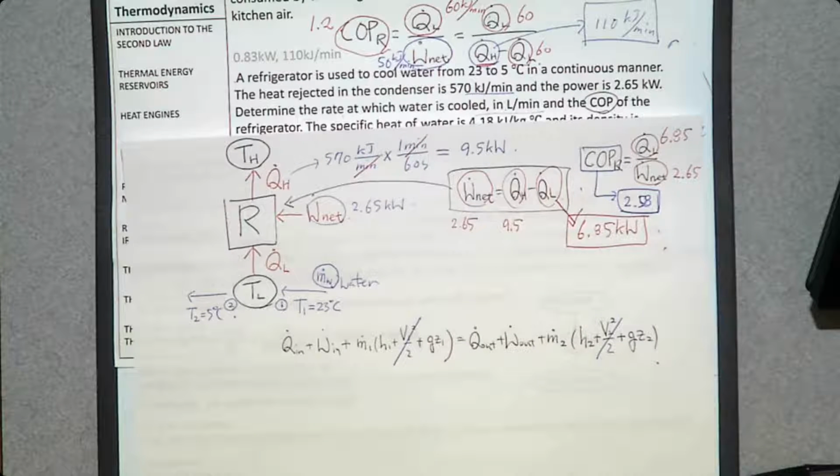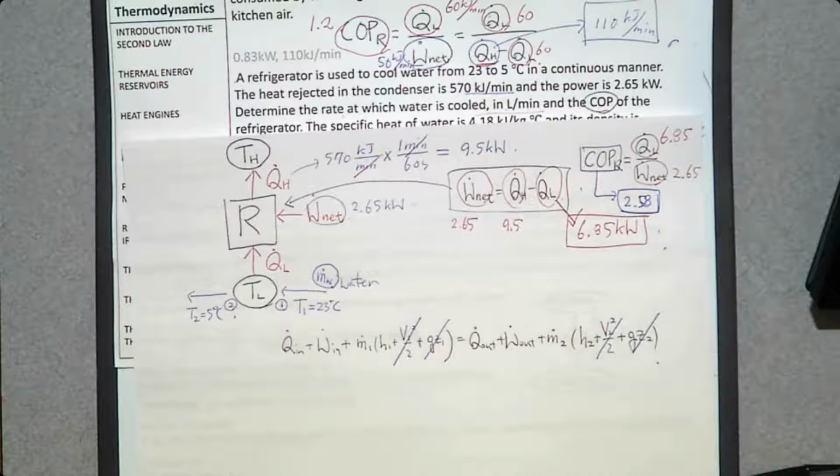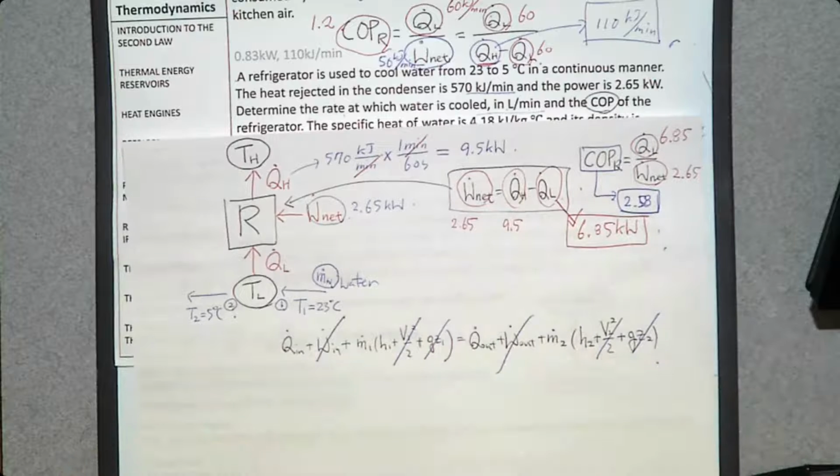What about the potential energy? This one is the entrance to Mount Everest, and this is on top of Mount Everest? Not such a case. So you can neglect potential energy change. Any energy transfer by work? Oh, there's a work, but this work is for the refrigeration system. There's no work for this water system. Is there heat transfer?